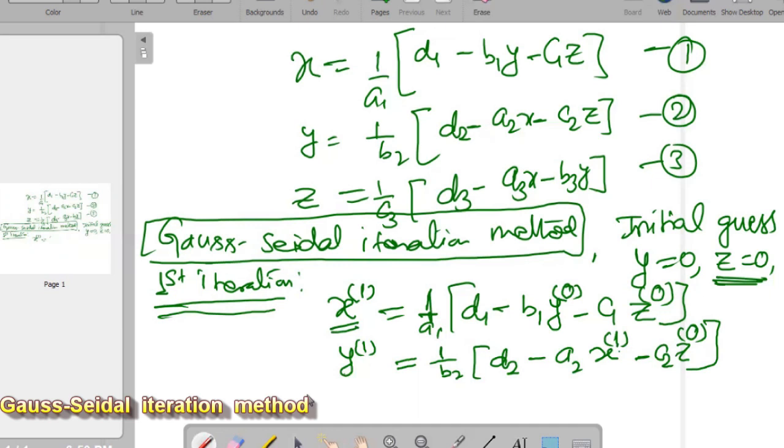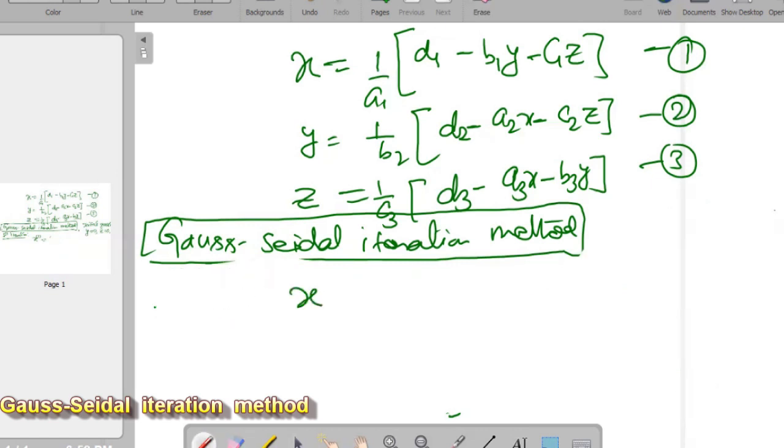So in this case, in the first iteration, the value of z1 is equal to 1 by c3 times (d3 minus a3x). We use the value of x of the first iteration here.